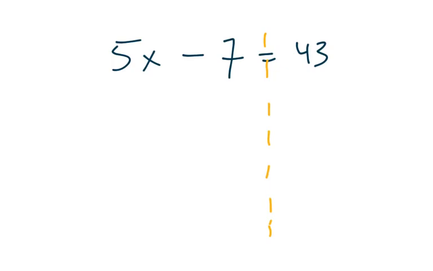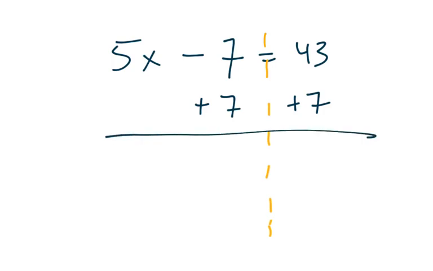And we're going to start away from the x, so we're going to start here. Okay, the inverse of subtracting 7 is adding 7, the opposite. So we're going to do that to both sides. Big line. We're going to bring down 5x. This goes away. It's moved over here. So we get 5x equals 50.